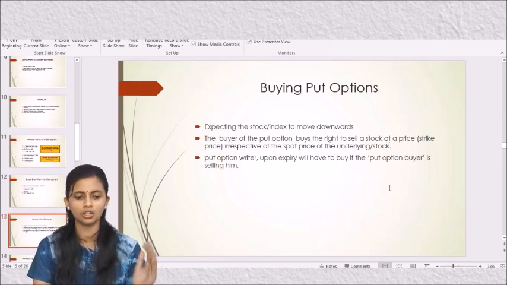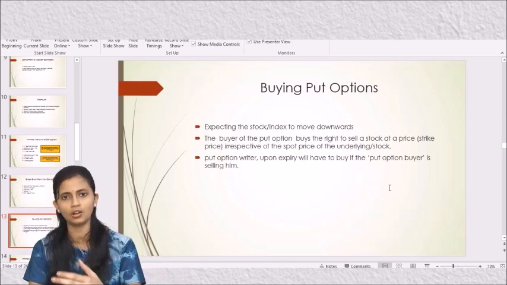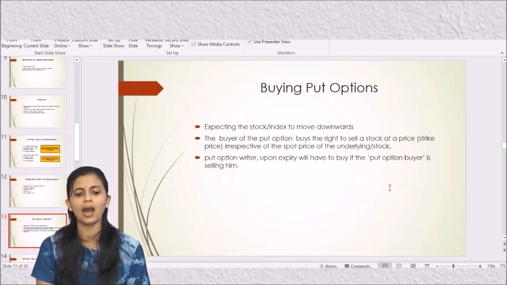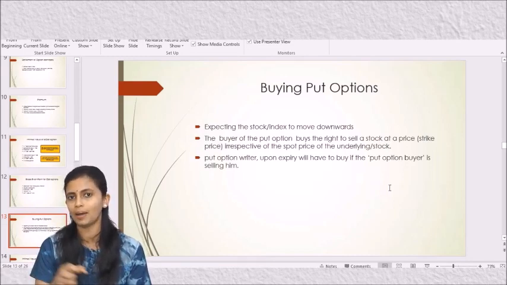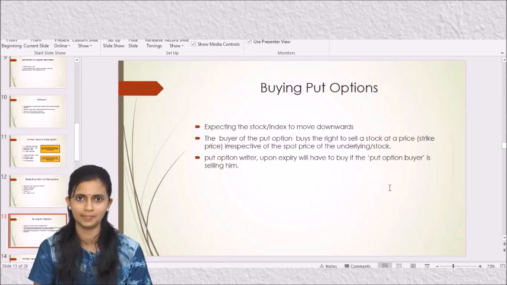In call option, you are expecting the stock to move upwards and you are entering into a contract, buying the call option, in order to buy the stock in future. And in put, you are expecting the market or the stock to come down and you are buying the put option, which will give you the right to sell the shares in future to a particular person.